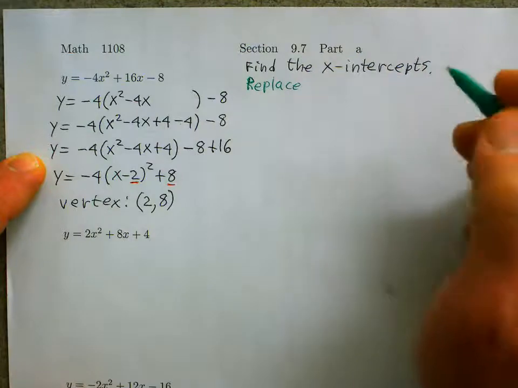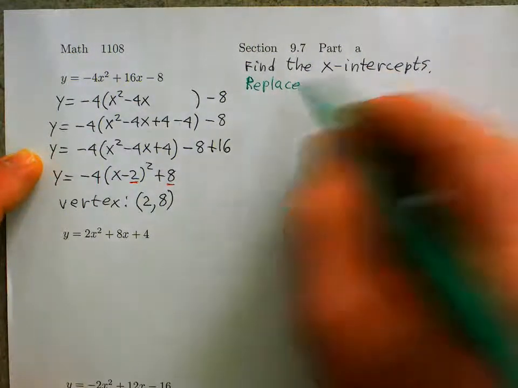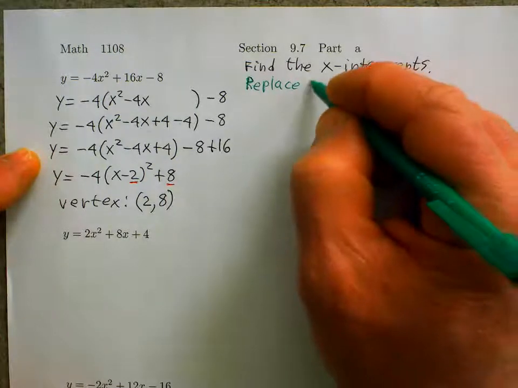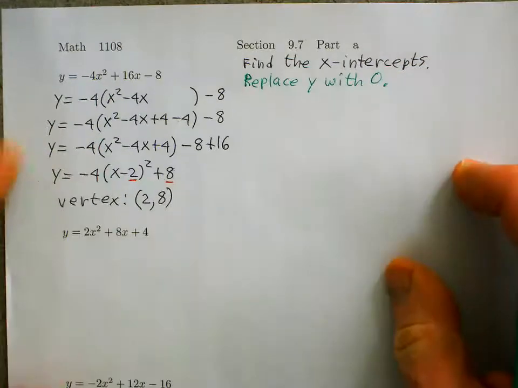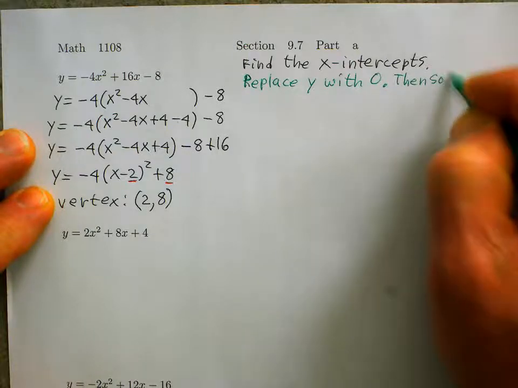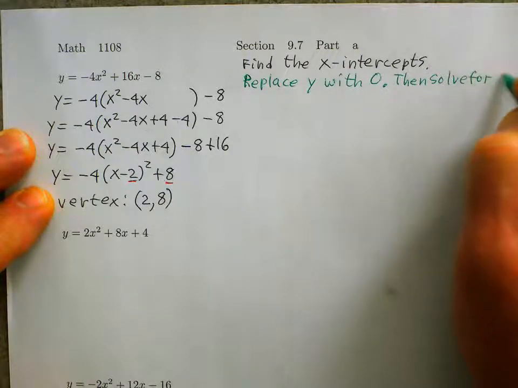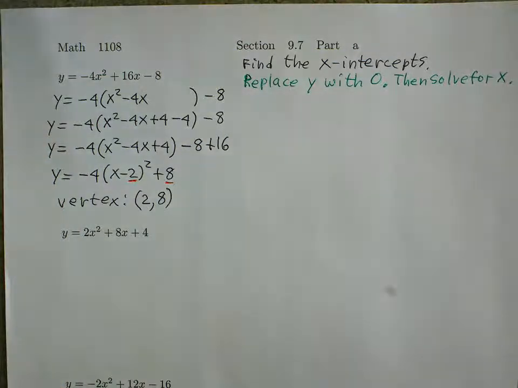So somebody on YouTube, why do we replace y with 0 in order to find the x-intercepts? There has to be a reason for that procedure. What's the reason? You can type it in one short sentence.